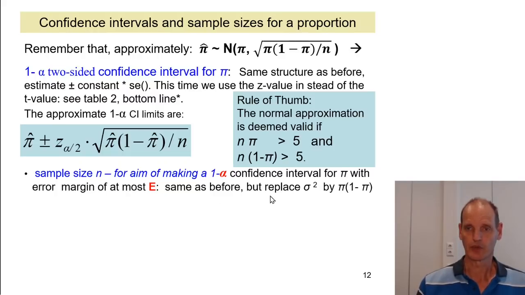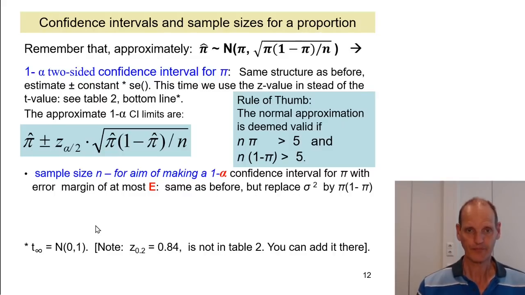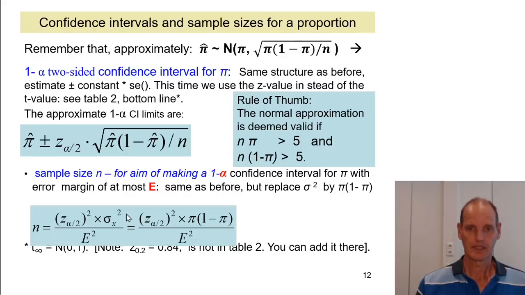The difference with situation 1 in last week's case with a continuous variable is that the sigma squared in the formula that we used at that time is now replaced by pi times 1 minus pi, which is the variance for one binary observation. The sample size formula n equals z squared times sigma squared over e squared now becomes z squared times pi times 1 minus pi divided by e squared.